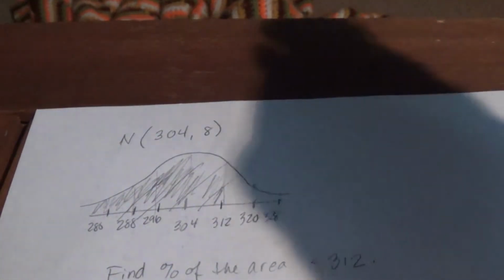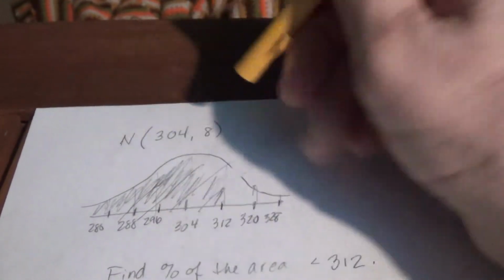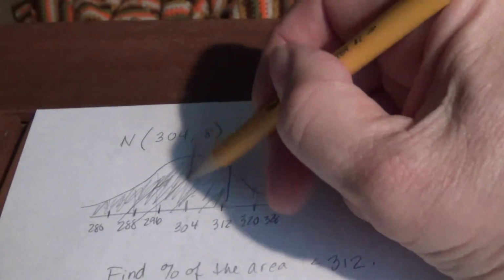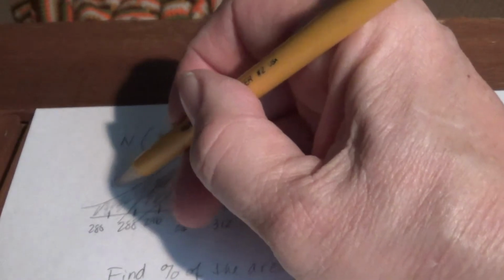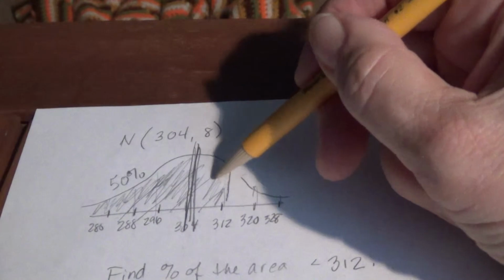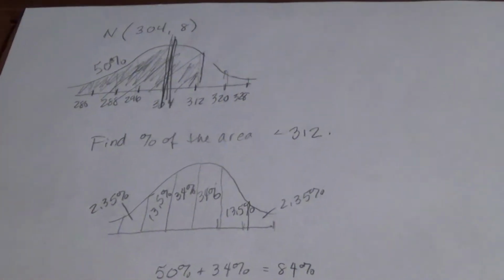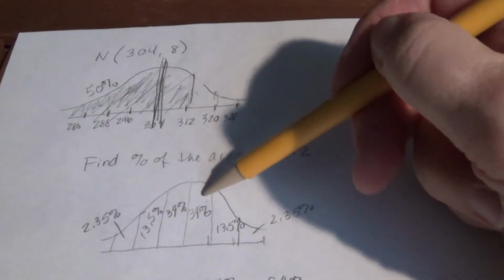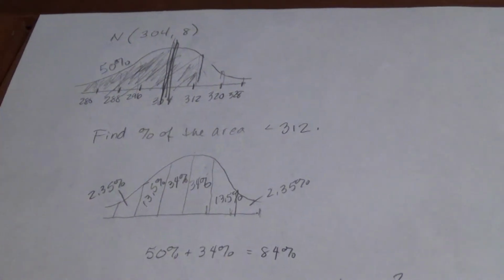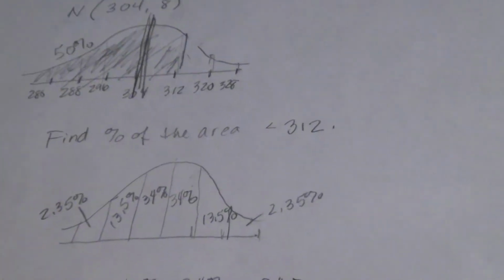So everything less than 312 can be quickly found by realizing that this part over here is 50%. So everything left of this dark line is 50%. And then I look at my percentage map down here and see that this portion right here corresponds to the 34. So all I have to do is add the 50 and the 34, and you see that the answer is 84.